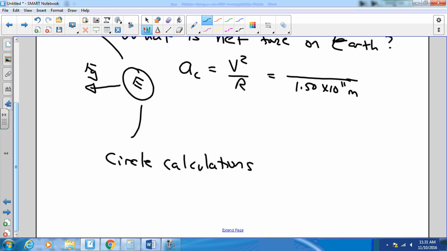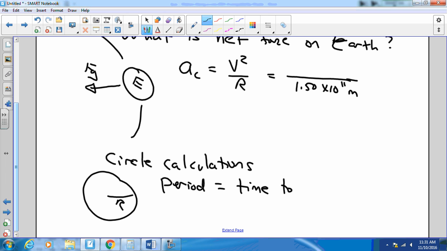There are three interrelated quantities for a circle. The radius, the rate at which the object moves around that circle, which we can measure in terms of the period of revolution, and this is the amount of time to complete one circle, to complete one revolution.